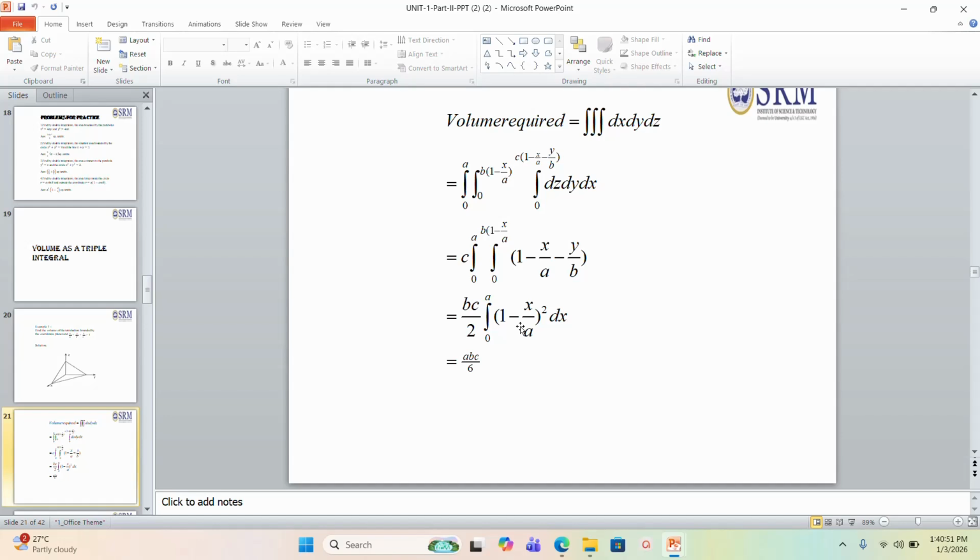So after that, 1 minus x by a whole square integrates to 1 minus x by a whole cube divided by 3, into the coefficient of x, which is minus 1. So that also we can do, with the x limit 0 to a, and after simplifying we will get the answer abc by 6.